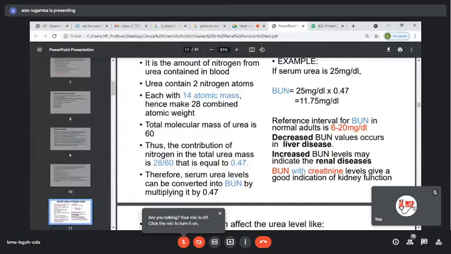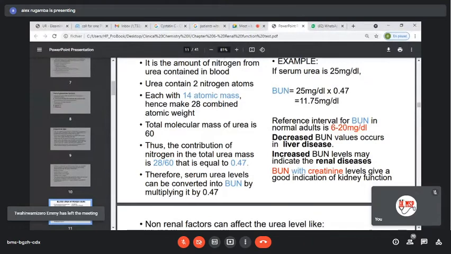The reference interval for blood urea nitrogen also differs. In adults it is from 6 to 20 milligram per deciliter. And of course, you know that a decrease may indicate something. A decrease of BUN indicates liver disease, whereas an increase of BUN may indicate renal disease.